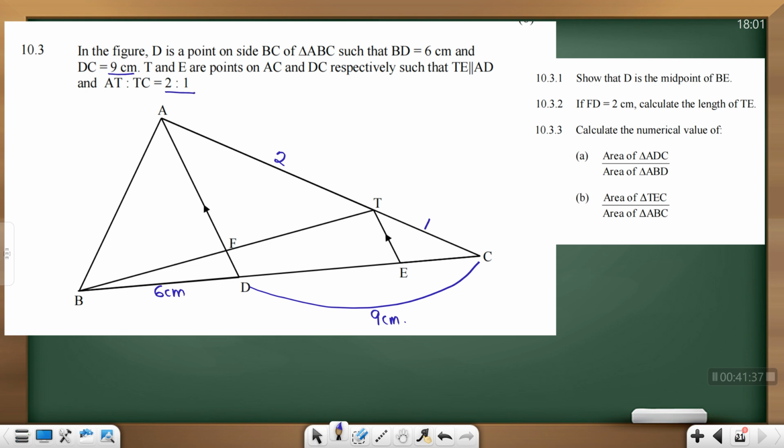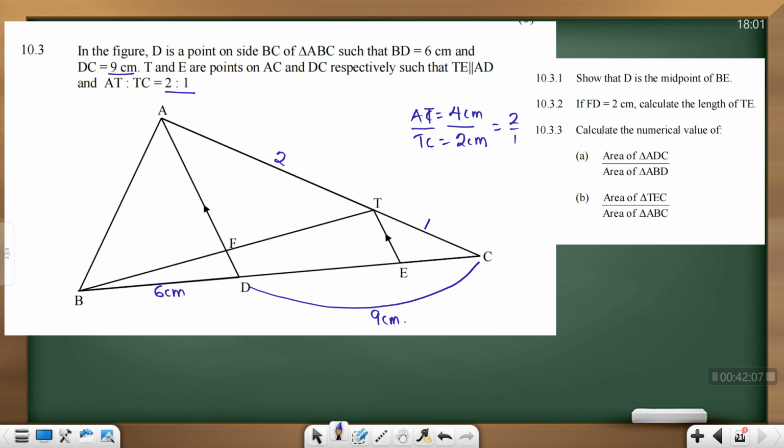This is the real length. When I say 9 centimeters, that's the real length. But when I say 2:1, it doesn't mean that AT is 2. No, it's a ratio. For all I care, AT could have been 4 centimeters. And TC would be what? 2 centimeters. If I divide, what would I get? 2/1. Can you see that the 2 and the 1, the ratio is not the length.